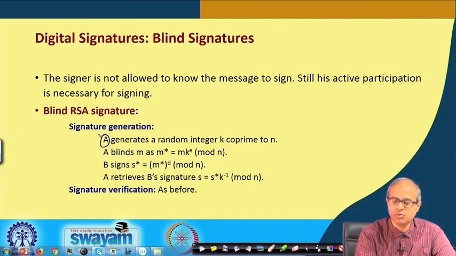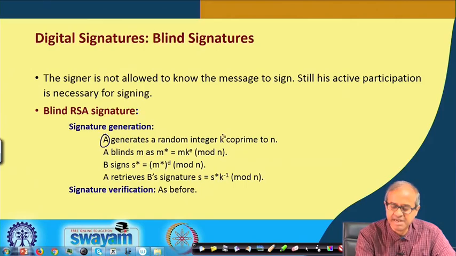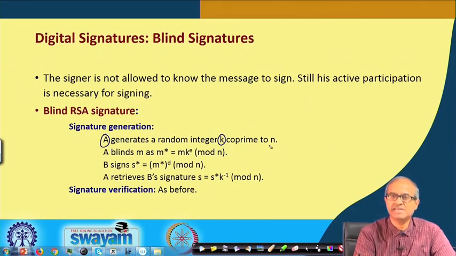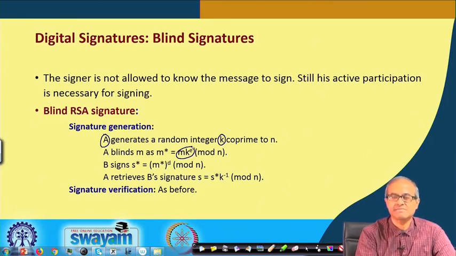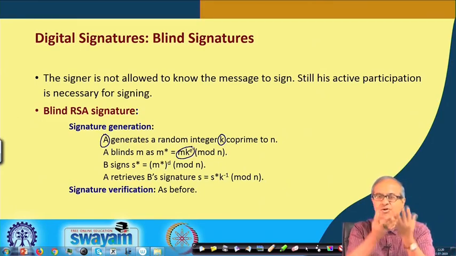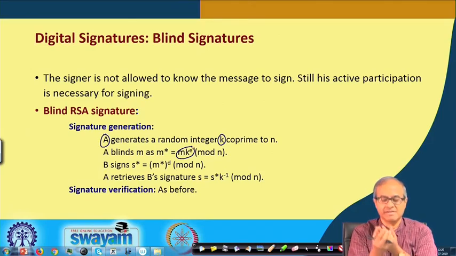So, what will A do? A will generate a random number k, which is co-prime to that n of, let us say RSA. Here the example I have taken is for RSA, that product of the two prime numbers, that n. So, before the signature process is done, A multiplies the message m with k to the power e, so that the original message automatically becomes garbled.